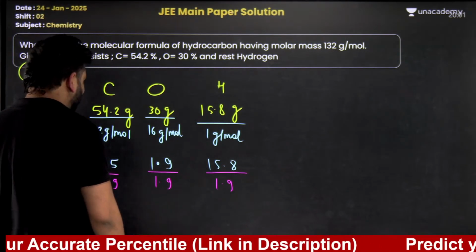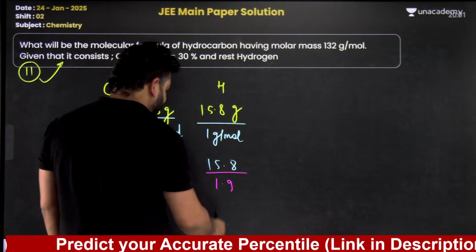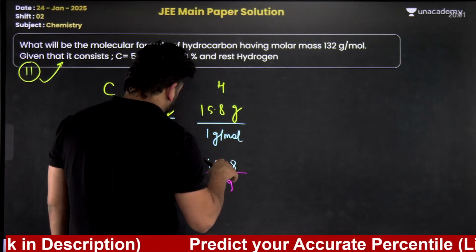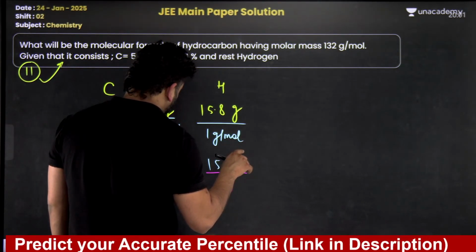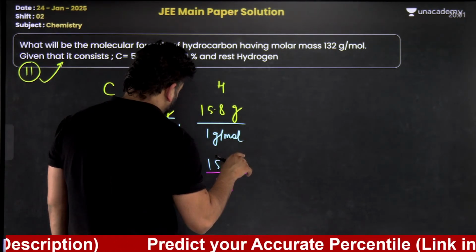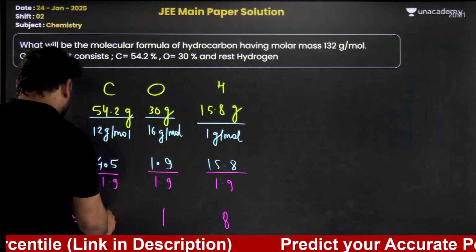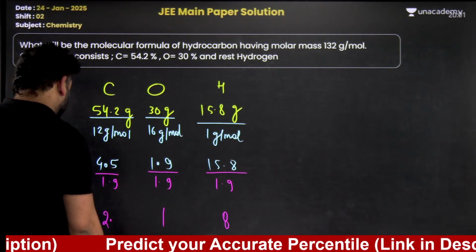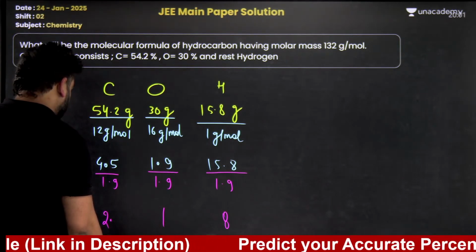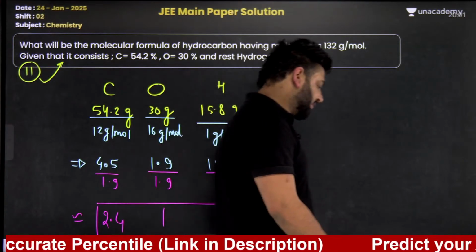So nearly it will be coming up as 1, around 8, and this will be around 2.4.